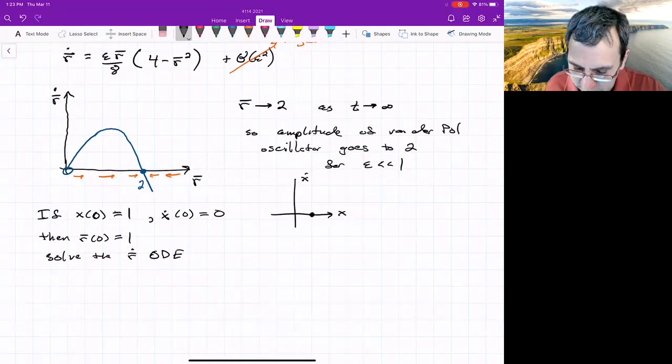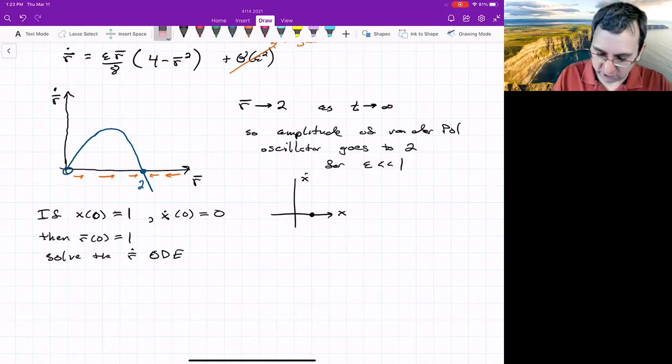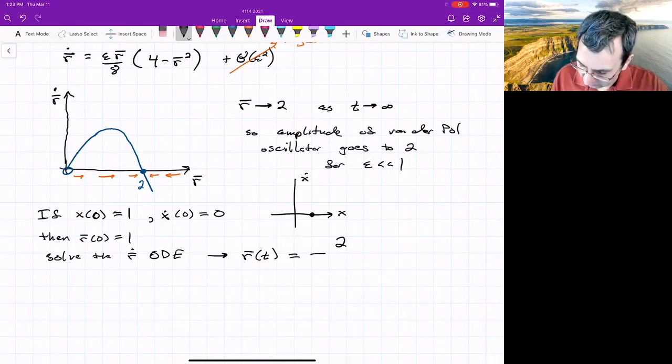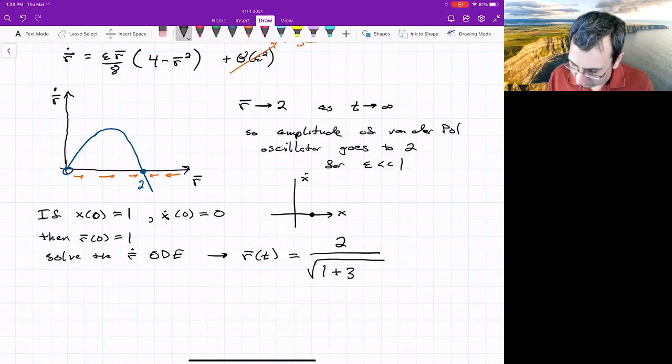We could do separation of variables. We get t on one side and everything depending on r on the other side. If we solve this, what do we get? r bar as a function of time is equal to 2 over the square root of (1 plus 3 e to the negative epsilon t), for these specific initial conditions.